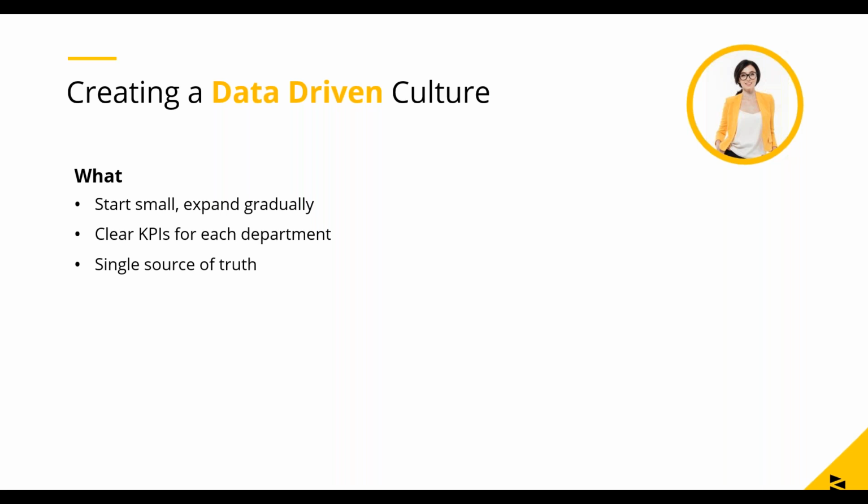In many cases, I realized that when we worked with different departments in the organization, each one of them was looking at the same KPIs, supposedly, but the results were different. So we really need to make sure as a BI team that we are providing a single source of truth, and if for that we need to do some validations and some tests and some alignment with the different departments, it's really important that we invest time to do that.